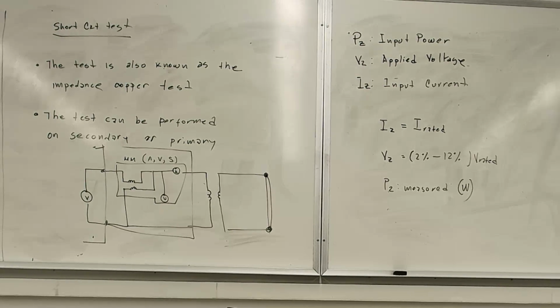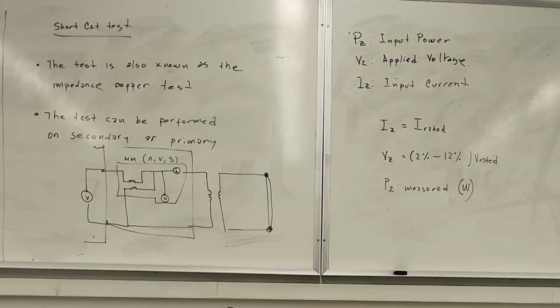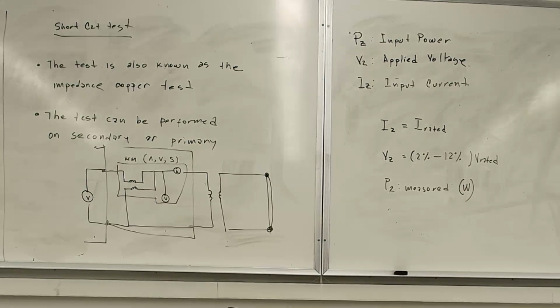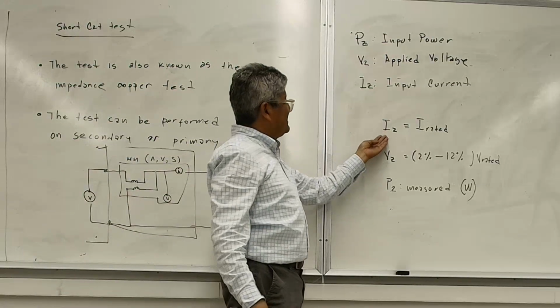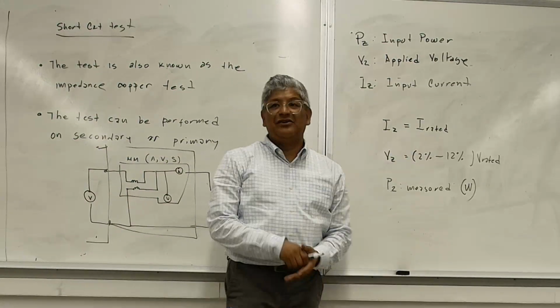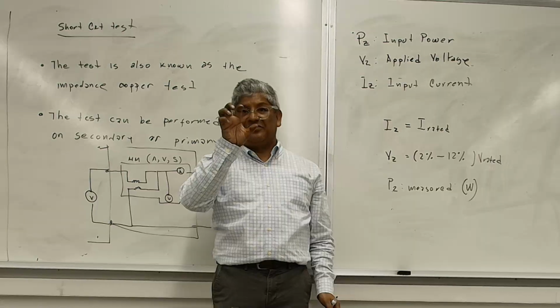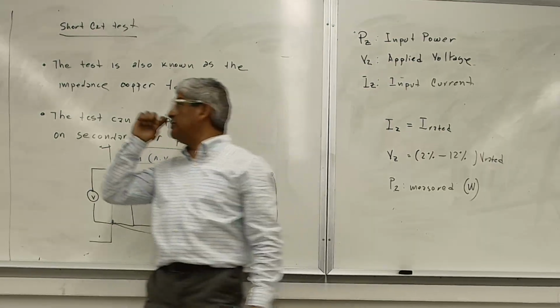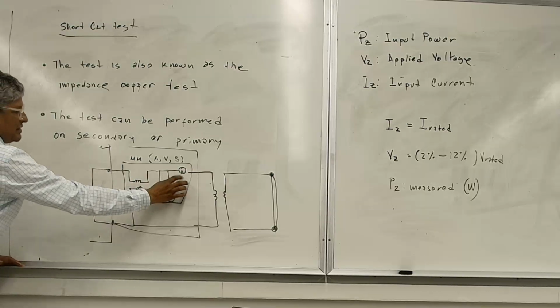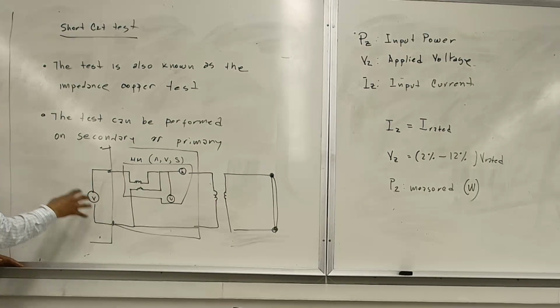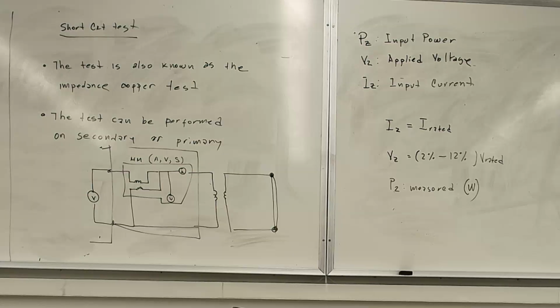If you get it between 2 and 12%, that's good enough to push current through here, okay? But what you're trying to really get, IZ, is the rated current. So you start increasing the voltage, increasing the voltage, until the current that you measure here is the transformer rated current. Do I make sense, everybody?